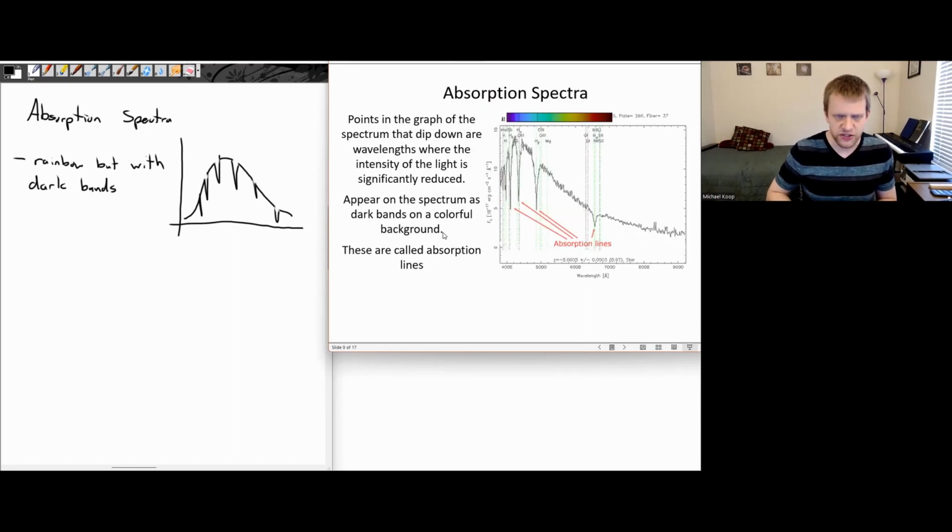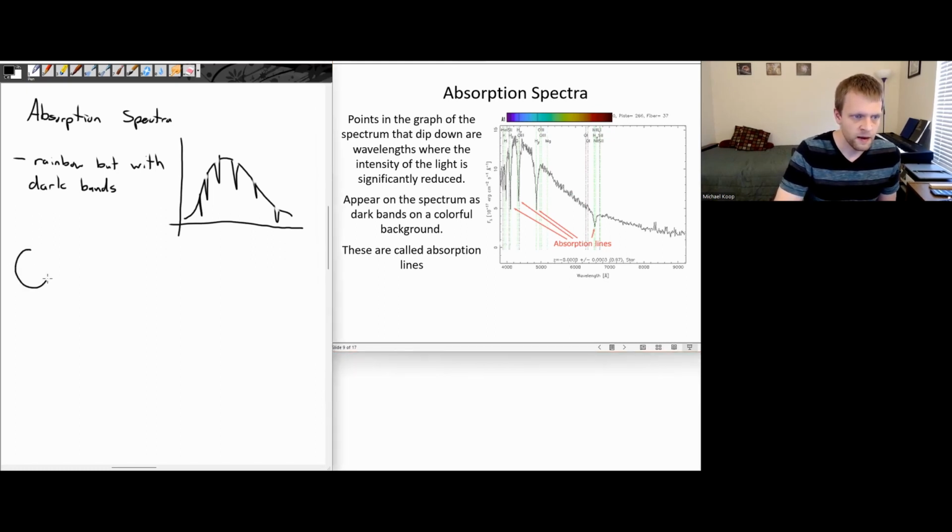So here's the basic physical situation where you get this. If I have a source of a thermal spectrum, light is going in some direction, and that is the full, smooth, continuous thermal spectrum of light.